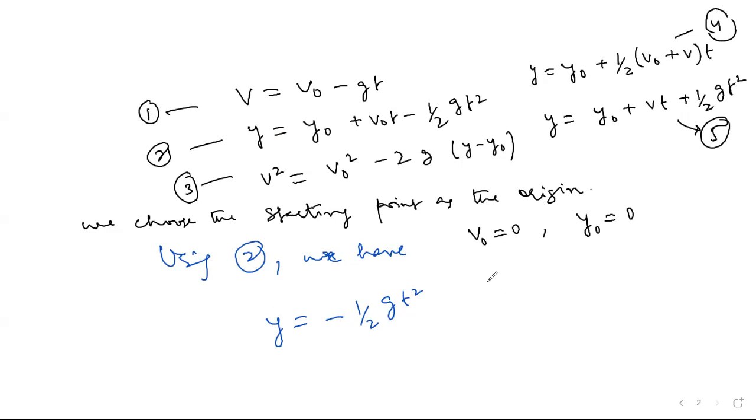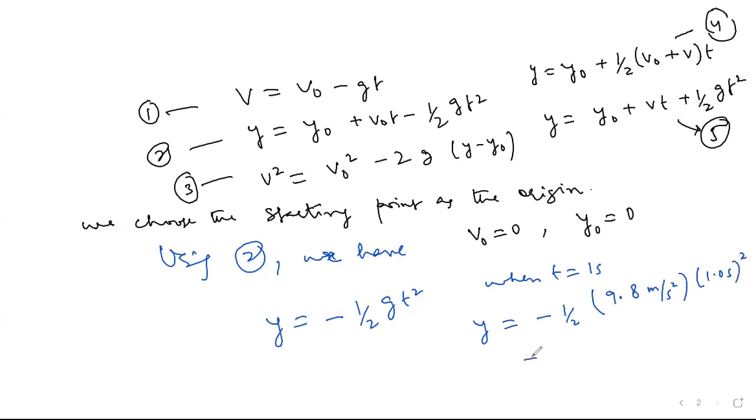So putting t as 1 second, when we solve it, y will be minus half times the value of g, 9.8 meter per second square, times 1 second square.